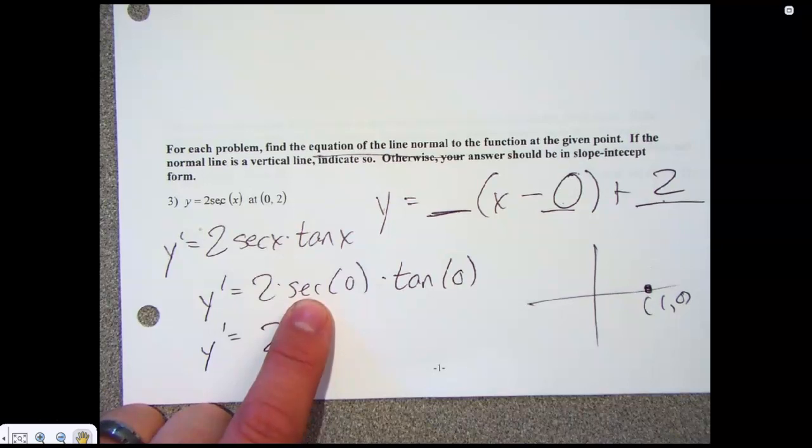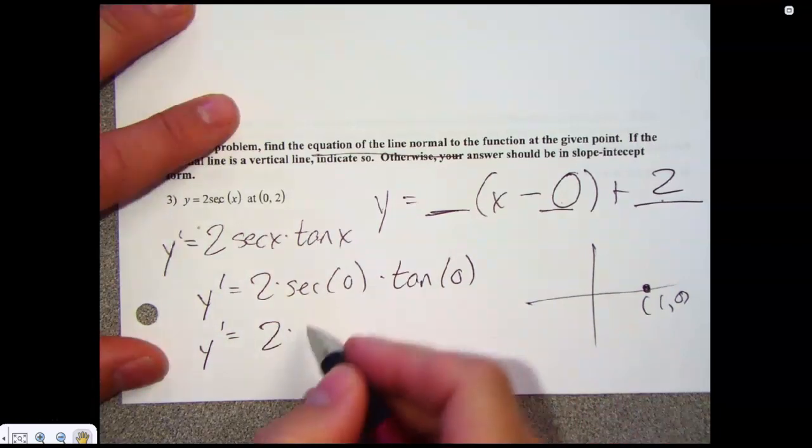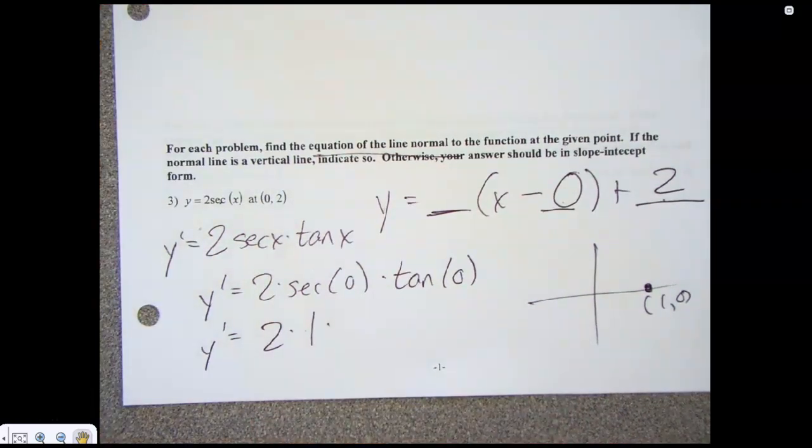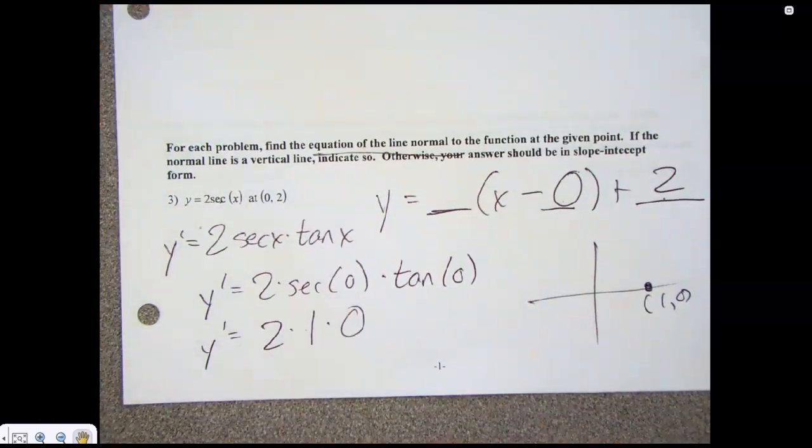Cosine. Yeah, and cosine's x, right? So we're basically going to do 1 over the x value. Oh wait, x is 1. So what's 1 flipped upside down? 1. And then tangent is the y value divided by the x value. So what's that in this situation? 0. Which makes your life a lot easier, because what's the derivative now?